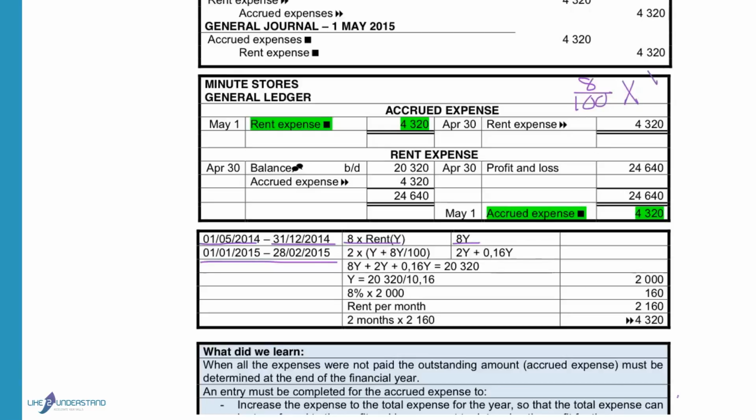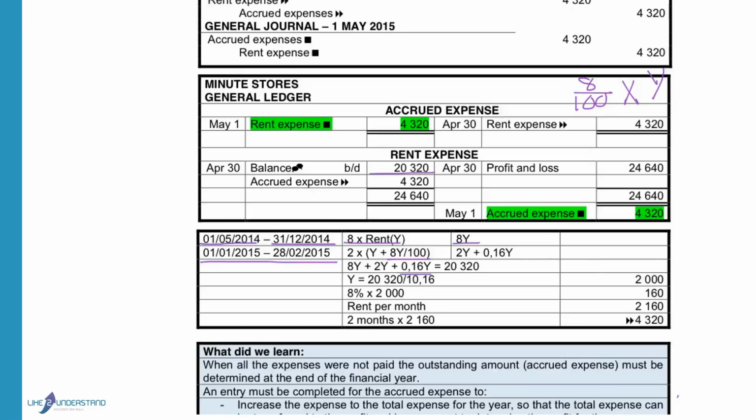We don't know what the amount is, so we say the amount is Y. So it means for the 2 months we paid 2Y plus 2 times 8Y over 100, which gives 0.16Y. And that equals the total amount that is in your rent expense account.